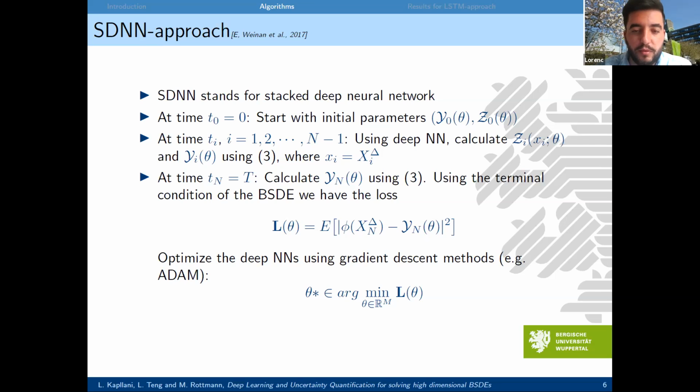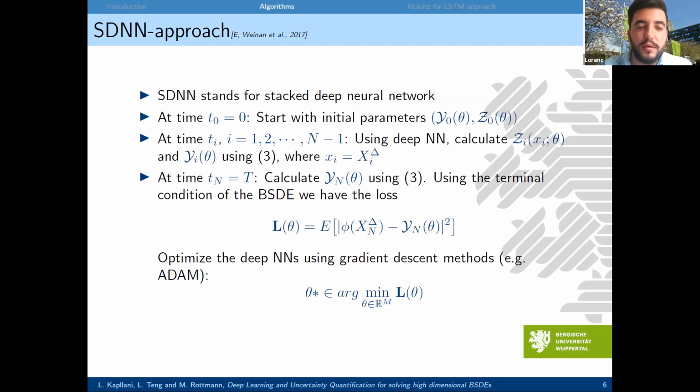So this function that I wrote here, phi as a function of xn, where xn is the value of the forward process at the end, this one we know. And so now we want to create this loss, which is the expectation of this difference squared, and this is what we actually try to match. So in a sense, we are learning the initial parameters, and also together with them the value of the Z at each time step.